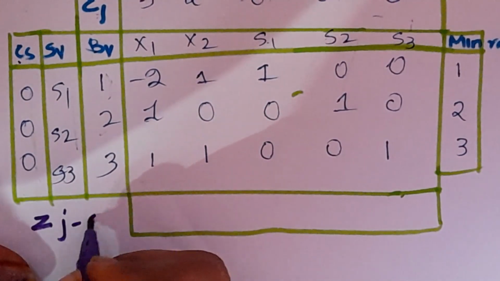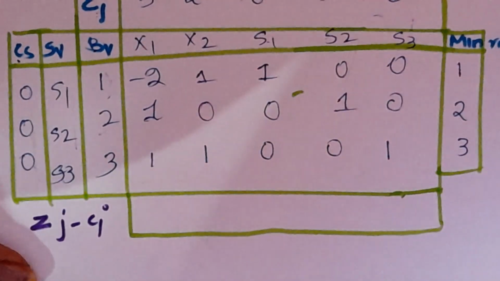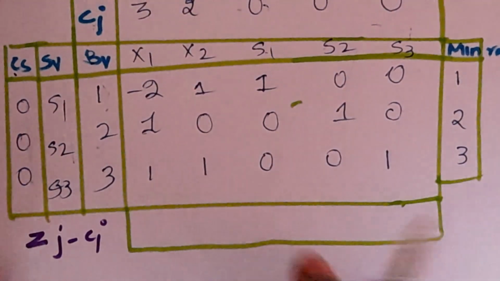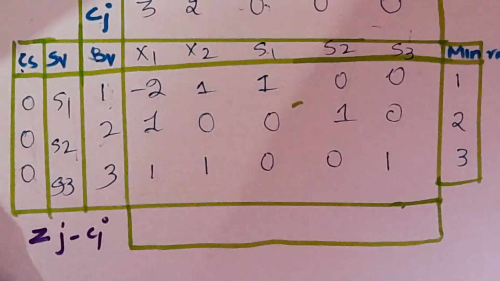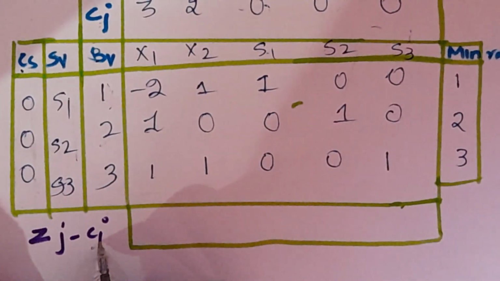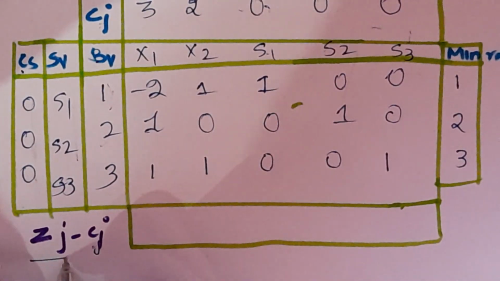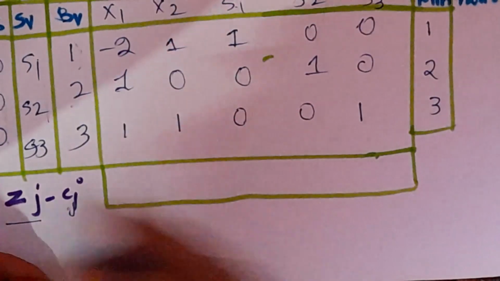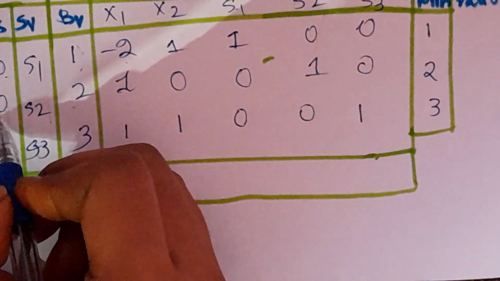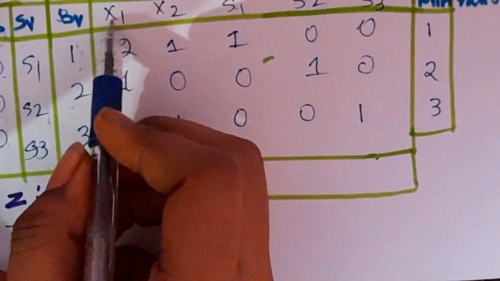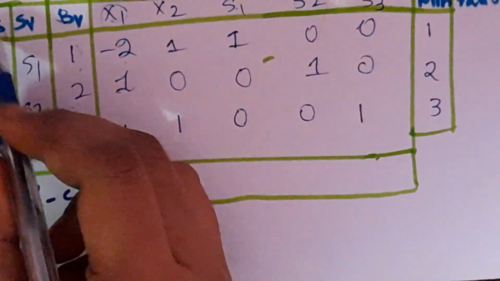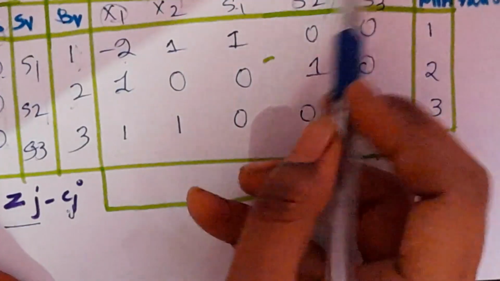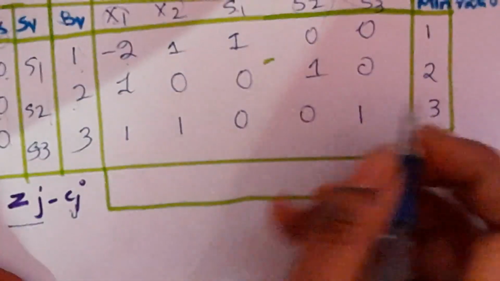Zj minus Cj. How to calculate Zj minus Cj? First I will explain how to calculate Zj. It is Cs into x1, Cs into x2, Cs into s1, Cs into s2, Cs into s3. This is how we calculate Zj.